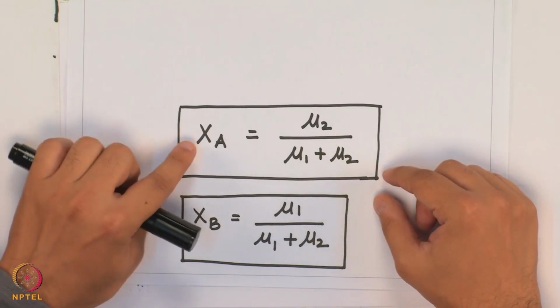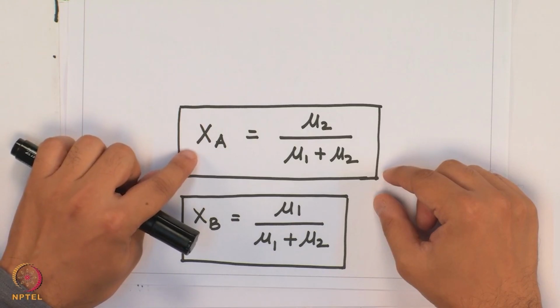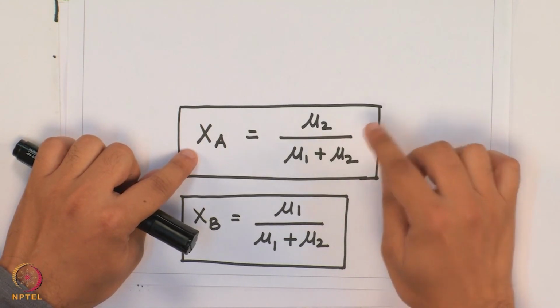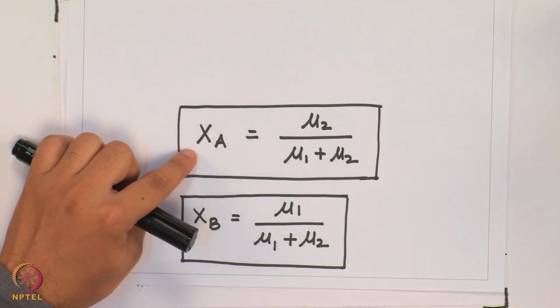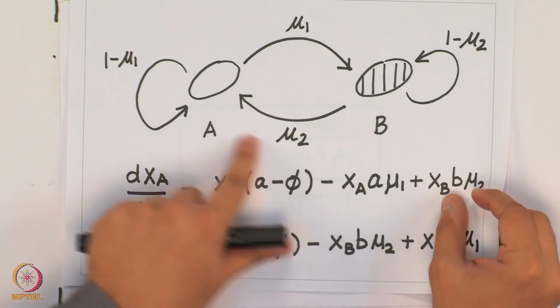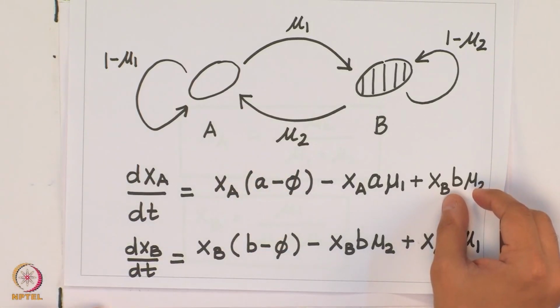The fraction of individuals belonging to genotype A, xa, is actually dependent on mu 2 in the numerator, and mu 2, if we go back a couple of slides, represents the rate at which genotype B is making an error when it is replicating.